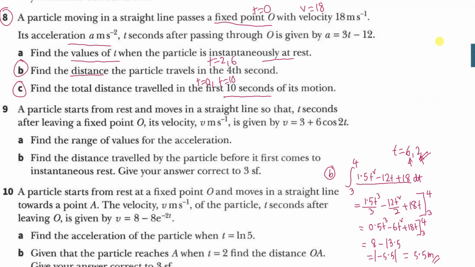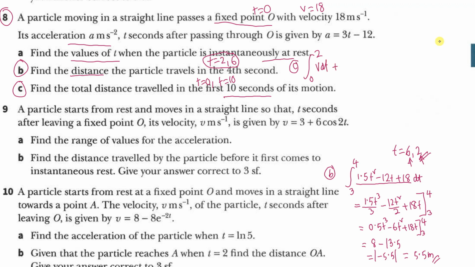The reason is that there are two points, t equals 2 and 6, where velocity becomes 0. So we have to integrate to get our distance: the first stage is from 0 to 2, integrating the velocity dt.